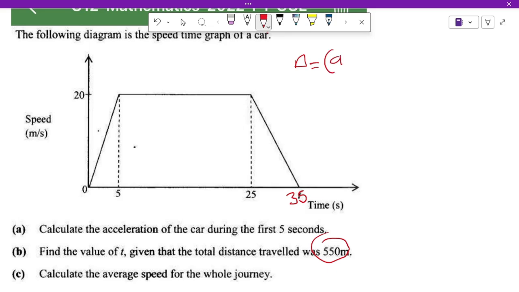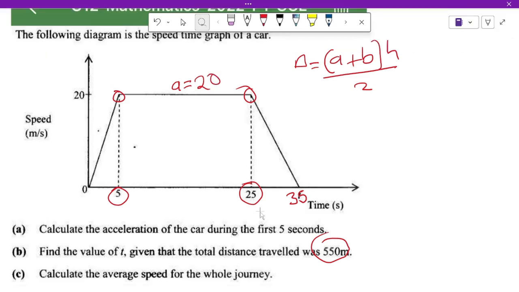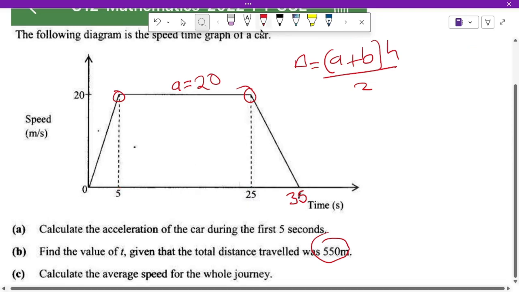So the formula is a plus b times height, everything over 2, of which our a we said is the distance from there to there. That's our a, which is going to be equal to what? 25 minus 5 gives us a 20. And then what is our b?